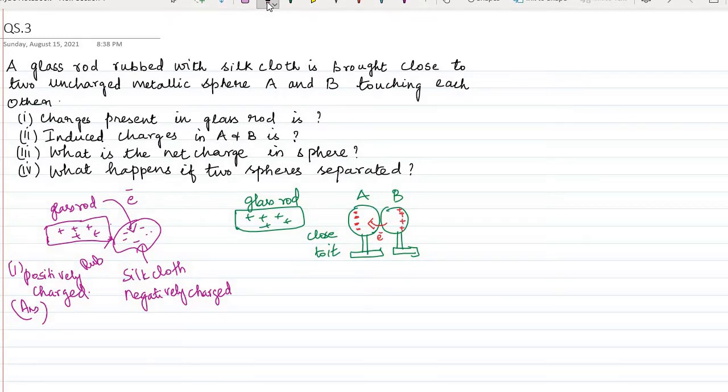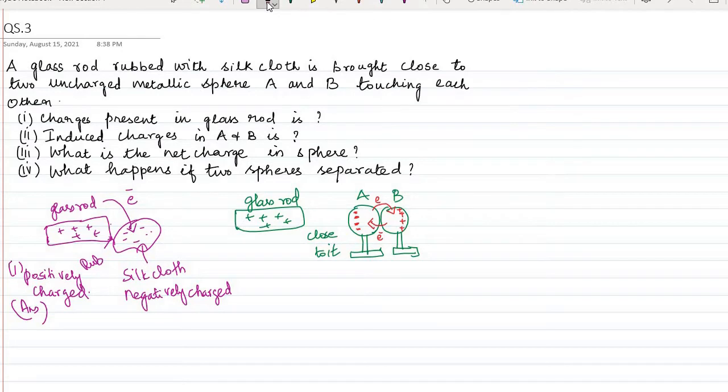Like charges repel. This positive rod will attract the negative charge and repel the positive charges. So all the positive charges get accumulated at sphere B, and all the negative charges get accumulated at A.